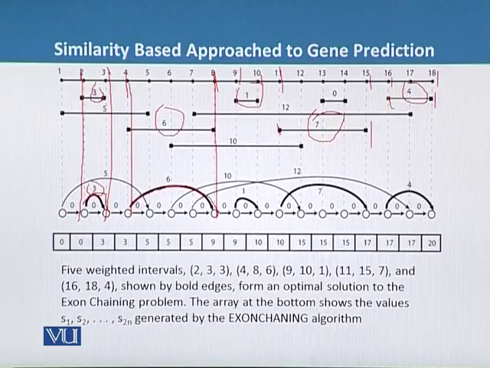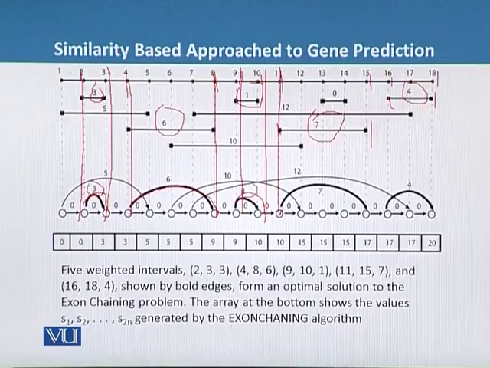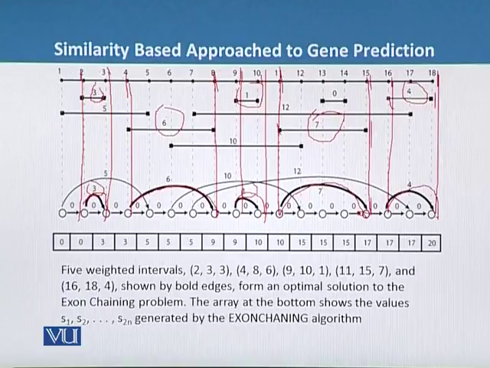The third one starts from 9 and ends at 10 with a weight of only 1. Similarly, the fourth one starts from 11 and ends at 15. And the last one starts from 16 and ends at 18.